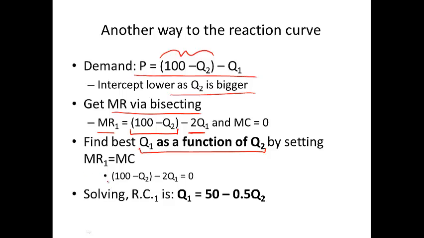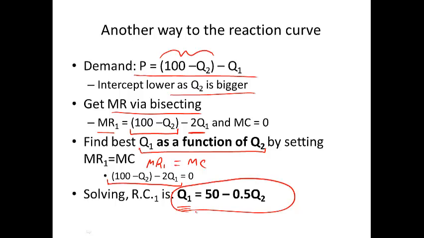And in this context, that means 100 minus Q2 minus 2 times Q1, that's MR1, equals 0, and that's MC. If we solve that for Q1, we get that Q1 equals 50 minus a half Q2. And sure enough, that again is firm 1's reaction curve. And we got it this time just by understanding that the intercept has changed and using the bisecting idea.